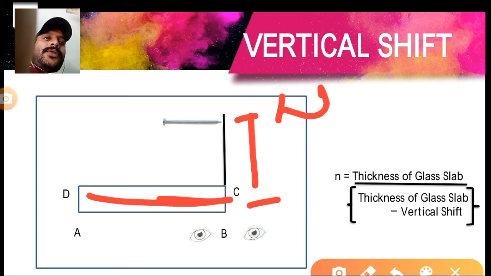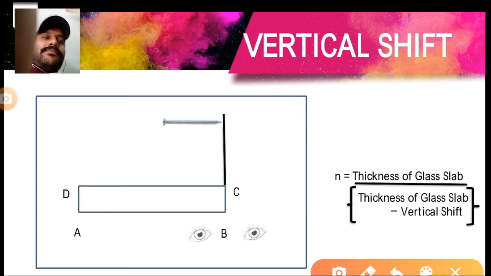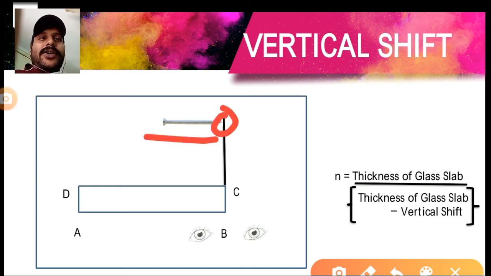Now we will take one pin. Usually in the lateral shift we insert two pins on the normal. But here we will not insert it, we will just place it horizontally, such that the sharp end of the pin will be touching the normal line.